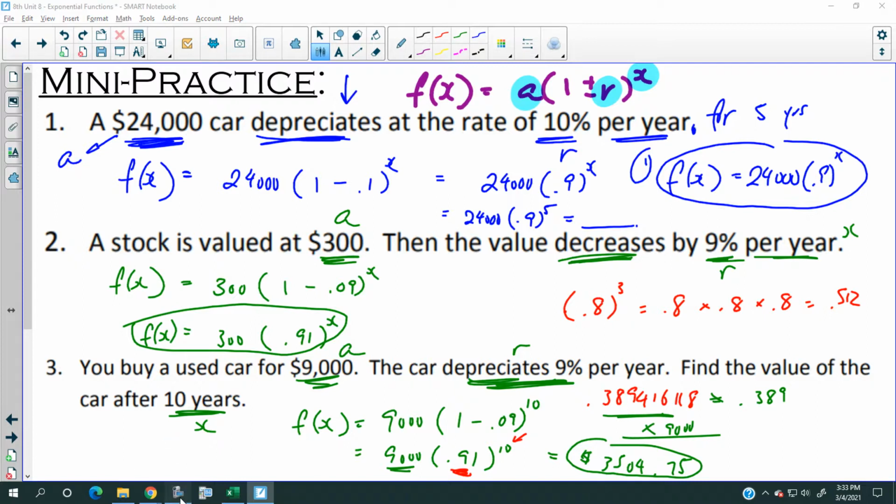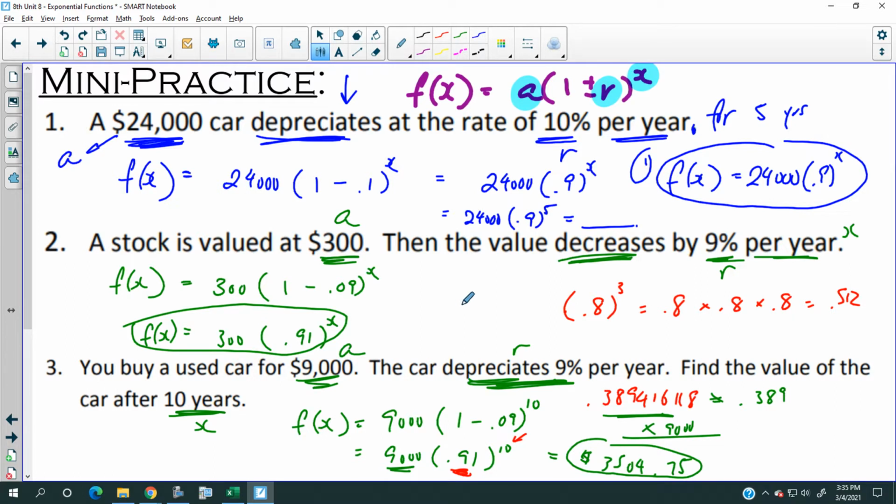Let me press pause and double check to see if there's anything I need to cover. Okay, one last thing. I actually went online and looked up depreciation values for cars, because these things are fairly set in stone, excluding the condition of the car, over the course of the 10 years.